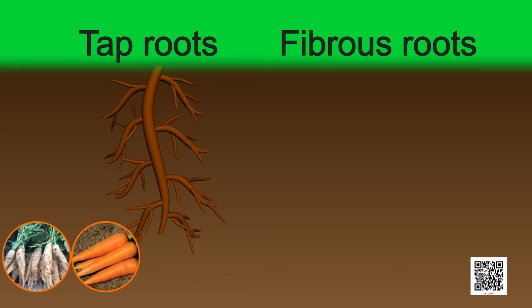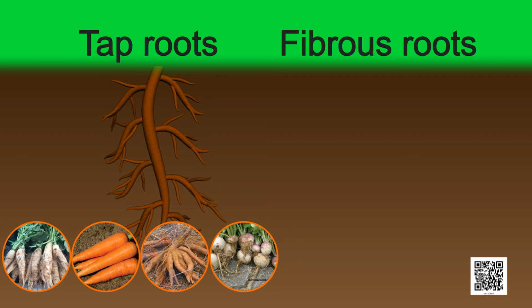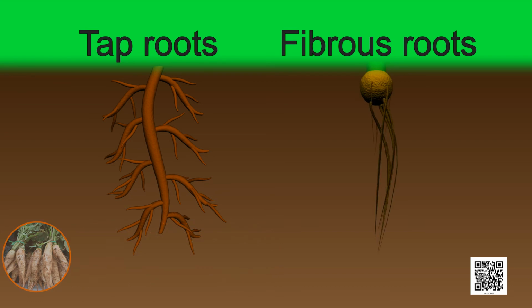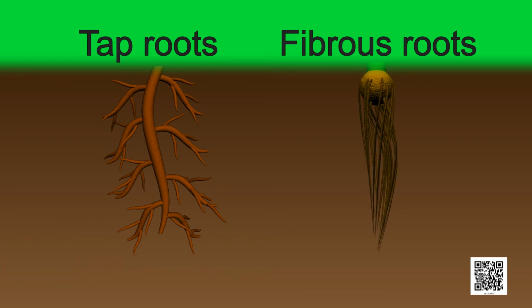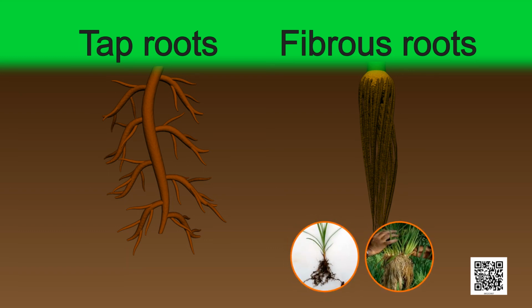Radish, carrot, sweet potato and turnip are examples of taproot. Fibrous roots do not have any main root. It consists of a group of fine roots spread in the soil. All roots seem similar and these are called fibrous roots. These are present in wheat, rice and maize.